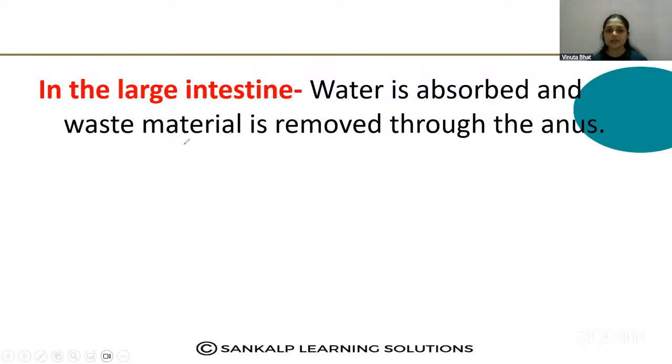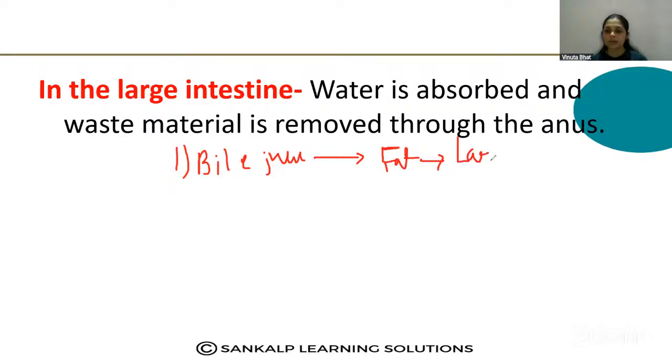The first step is about the bile juice, where it is secreted and how it is carried to the small intestine, which acts on the fat, converting the large globules of fat into small globules.